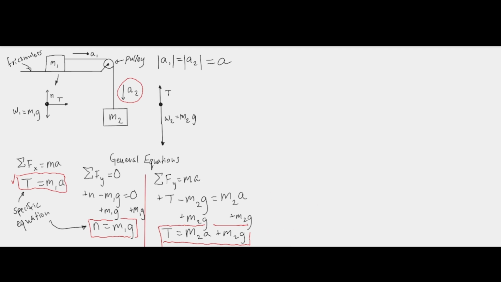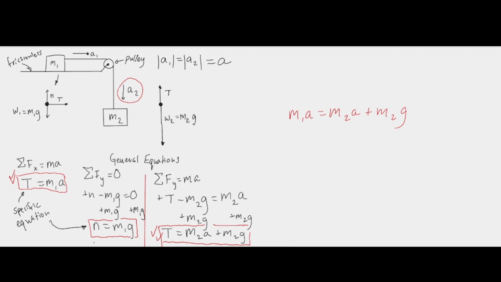So if I were to move forward with this problem, or there was some problem that gave me some values, I could put these 2 equations equal to each other. I could say that m1a is equal to m2a plus m2g because they're both equal to T. So if this one is equal to T and this one is equal to T, then they're equal to each other. That's how these 2 equations are coupled.